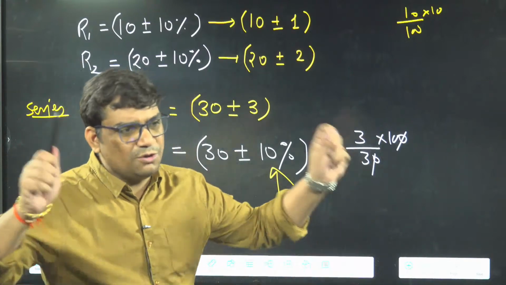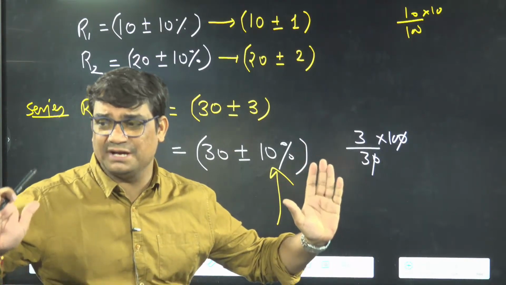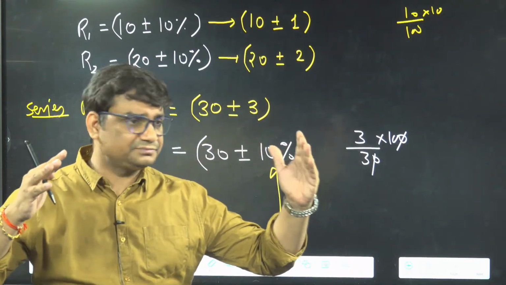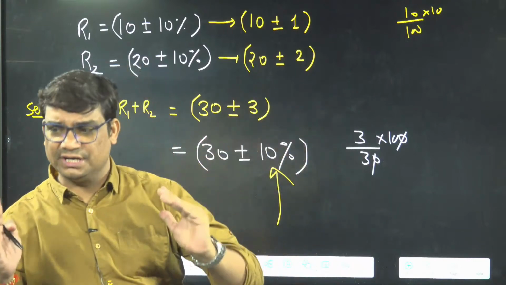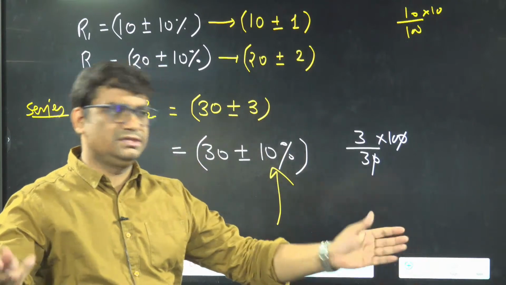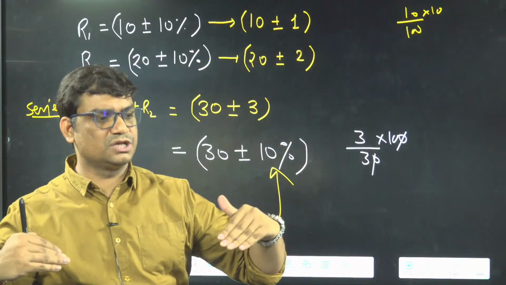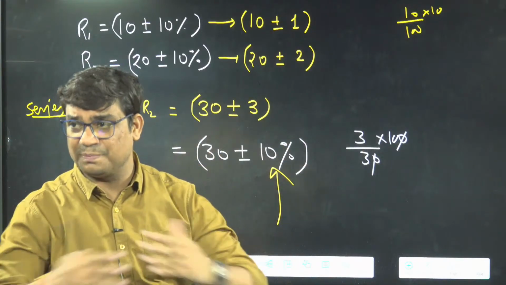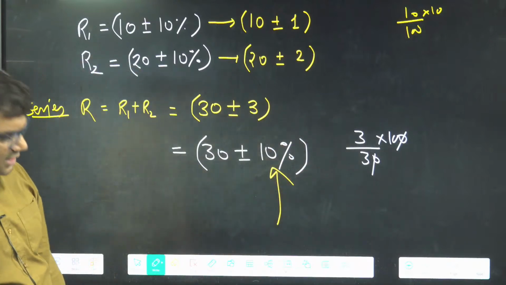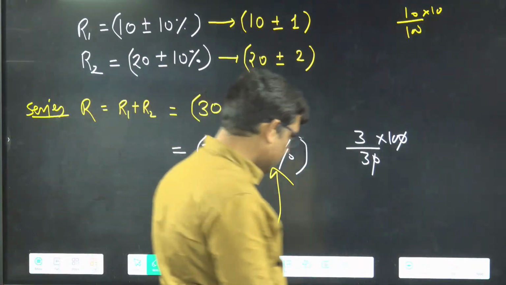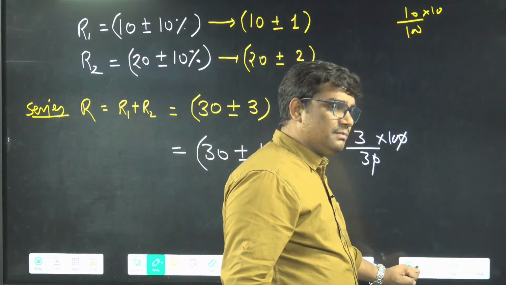Now I hope you are perfect in plus and minus. If they are given in absolute terms or in percentage terms, we can convert. Now we'll go for multiplication and division. You can put the heading multiplication and division.